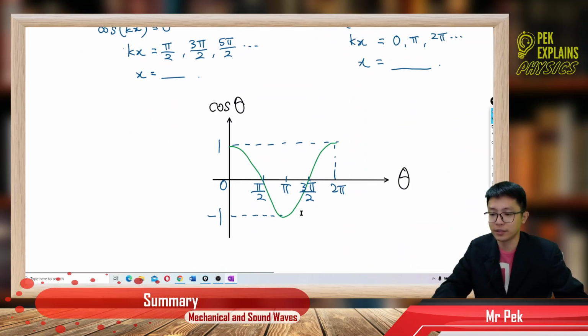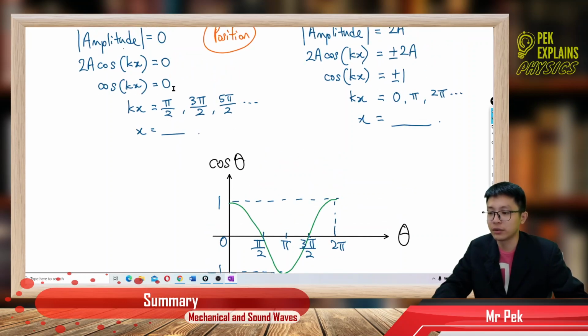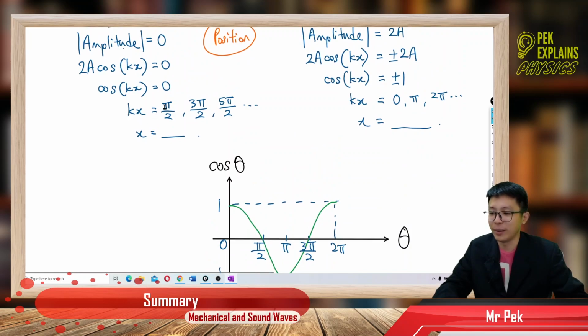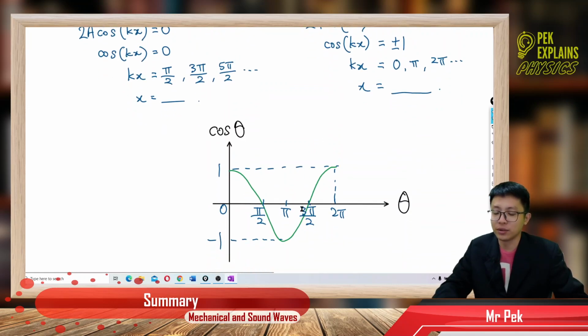Cos graph is this one, the smiling graph. So when is cos theta equal to 0? Cos theta equals 0 when pi over 2, and also 3 pi over 2. So the next ones will be 5 pi over 2, 7 pi over 2, 9 pi over 2. That's the position of the node.